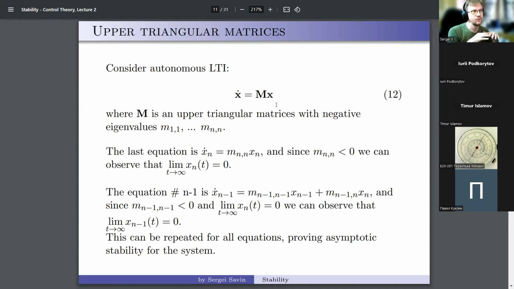If they are negative or 0, with at least one of them being 0, we call it marginally stable. If the real part of at least one eigenvalue is positive, it is unstable. This is going to be true for all matrices: upper triangular, diagonal, with real or complex eigenvalues, doesn't matter. Always going to be true.